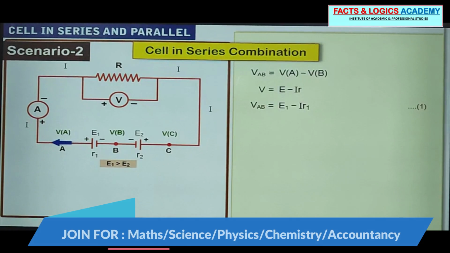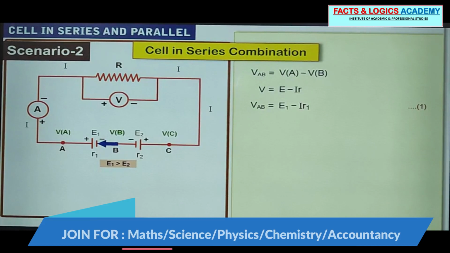As E1 is greater than E2, current I leaves the positive terminal of the first cell, goes through the external circuit, and moves from the positive terminal of the second cell to its negative terminal, and finally reaches the negative terminal of the first cell. The current leaves the second cell from its negative terminal.